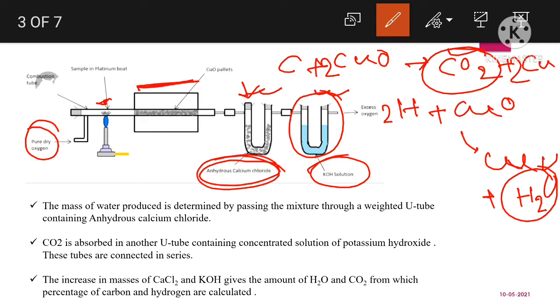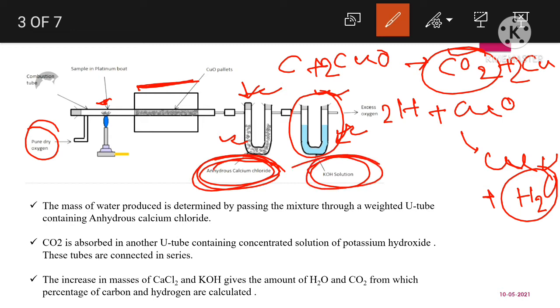Previously we have weighed this calcium chloride and put it in this U tube, as well as we have weighed this KOH and put it in this U tube. So we previously know the weight of calcium chloride as well as KOH solution.